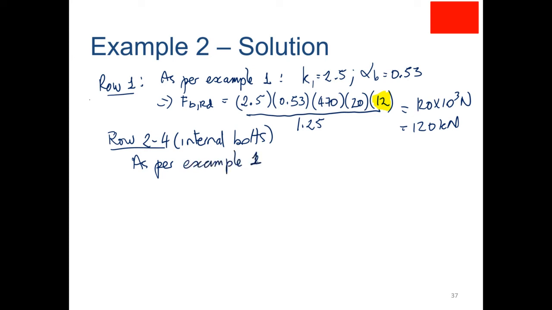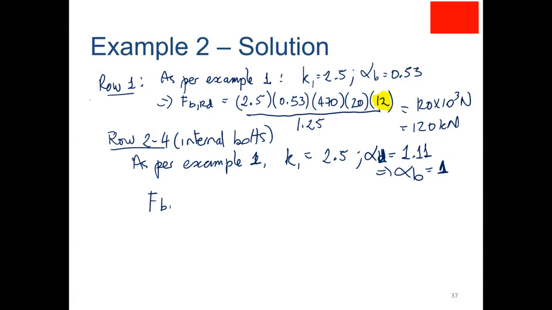So as per example 1, we end up with k1 equal to 2.5, and alpha d, sorry, is 1.11. Therefore, alpha b is going to be 1. Alpha d is the edge distance, edge bearing, so it's plate bearing that drives the example here.